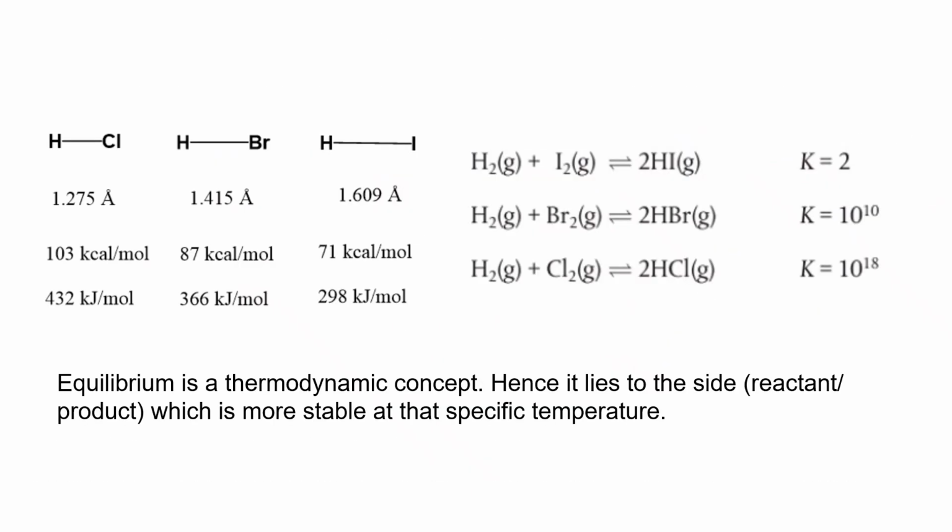So here we see that there is actually a direct correlation between the strength of the bond and the value of equilibrium constant. Because hydrogen chloride has a shorter bond length, it has a higher bond dissociation enthalpy, and that means it's a more stable product.